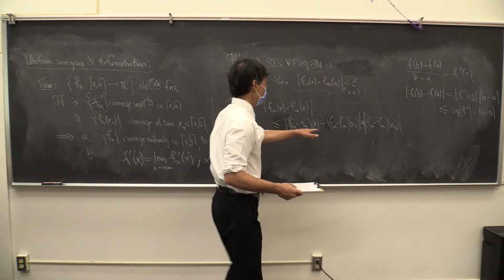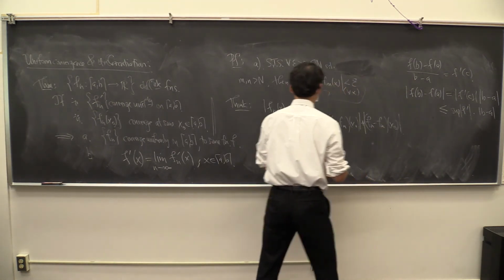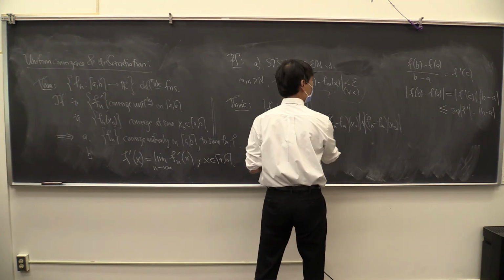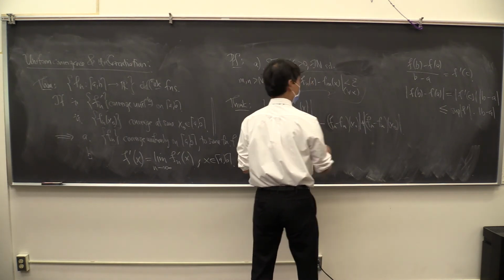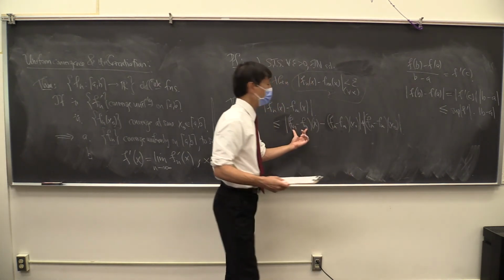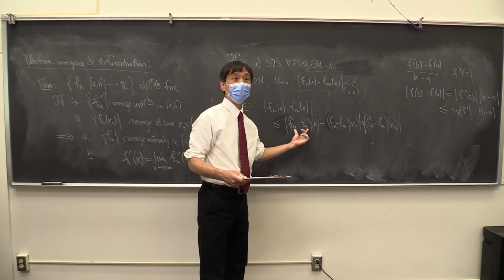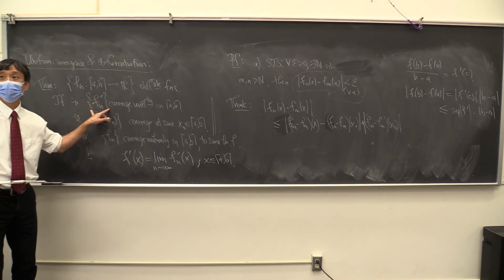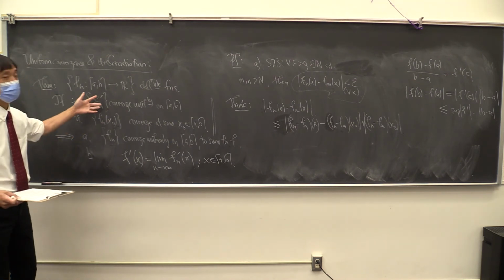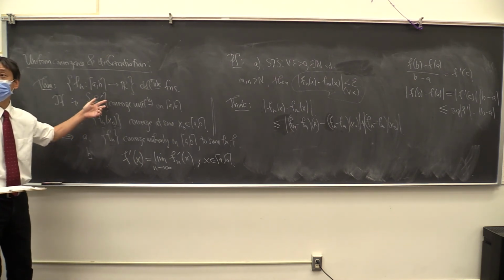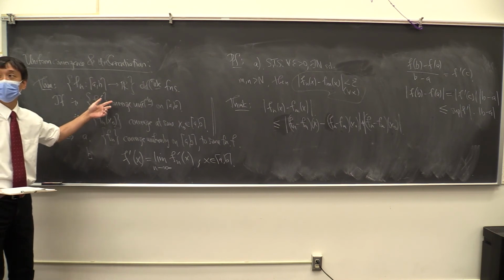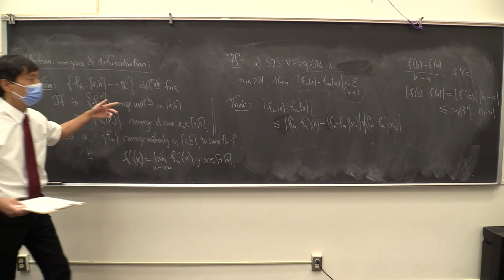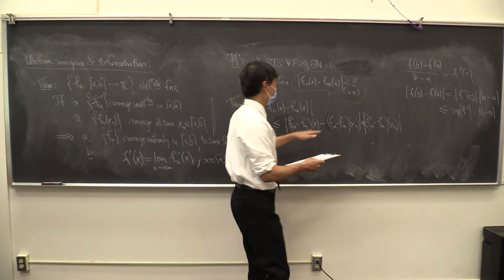Okay, so I know that this thing is going to be controlled by the derivative of this difference. But these guys converge uniformly, so I know that their differences can be made as small as I desire. So you see what I'm going to do, right?